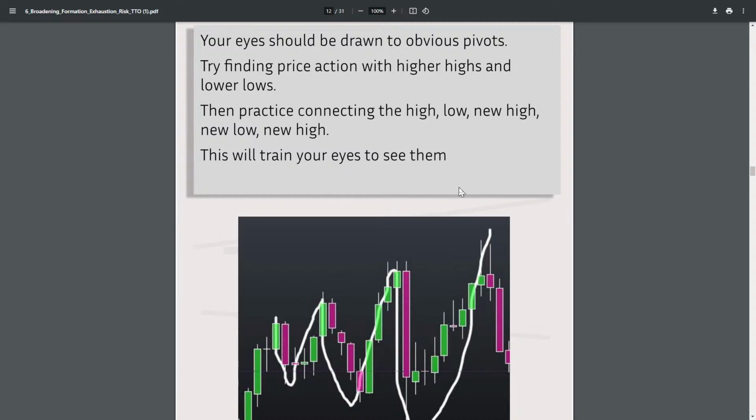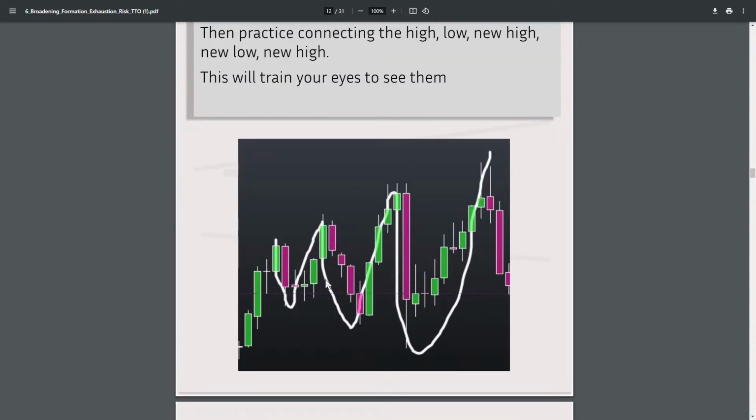Just something that you can squiggle on so you can recognize when you have higher highs and lower lows. So for instance, here, that's a pivot high because the 2 candles next to it are lower. This is a pivot low because the 2 candles next to it are higher. So you have a high, a low, a new high, a new low, new high, new low, new high. So that is your ideal broadening formation.